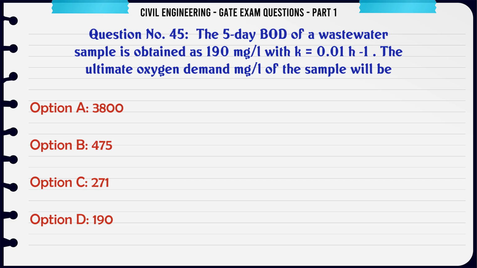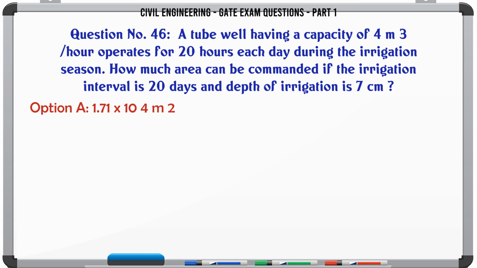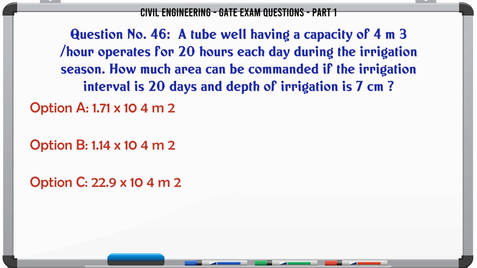The 5-day BOD of a wastewater sample is obtained as 190 mg/l with k equal to 0.01 h⁻¹. The ultimate oxygen demand in mg/l of the sample will be: A, 3800; B, 475; C, 271; D, 190. The correct answer is 271. A tube well having a capacity of 4 m³/hr operates for 20 hours each day during the irrigation season.